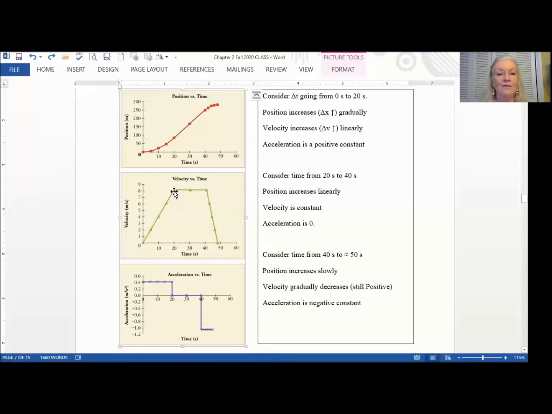So if you have the velocity at a constant rate, you'll notice that your acceleration goes to 0. If you have your velocity changing at a constant value, then your acceleration is going to be a constant. And you can see how it flips as we go along. Positive changes in velocity give us positive acceleration. Negative changes in velocity give us negative acceleration.